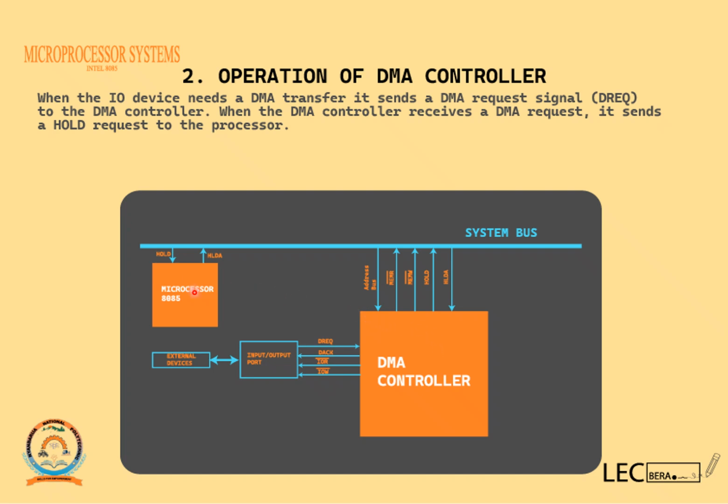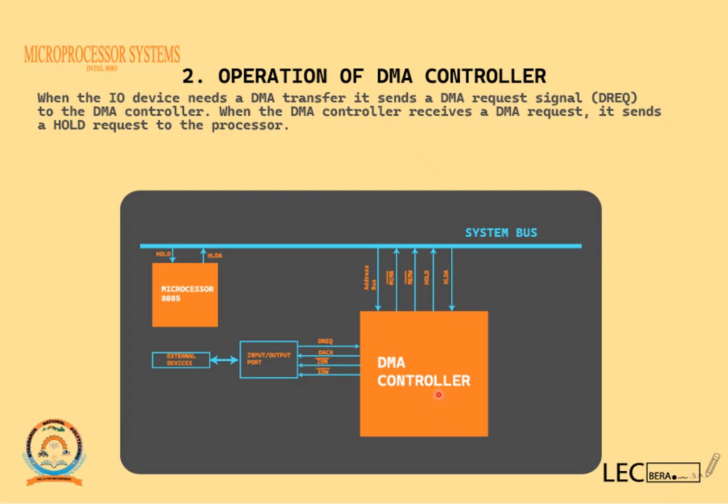To the master, which is the microprocessor, and that signal is the hold signal. The hold signal is sent to the microprocessor, requesting it to suspend all its operation for the DMA to access what? The system buses. Remember, the system buses must be taken over by the DMA for the exchange of data to occur between the input-output devices and the memory.